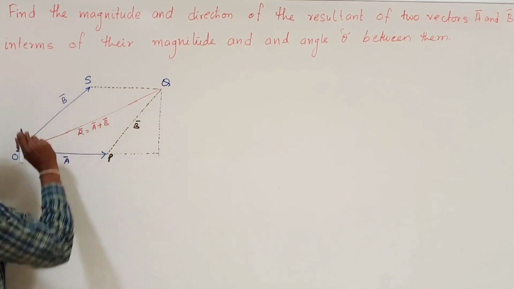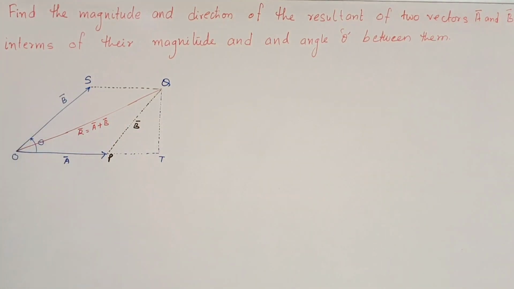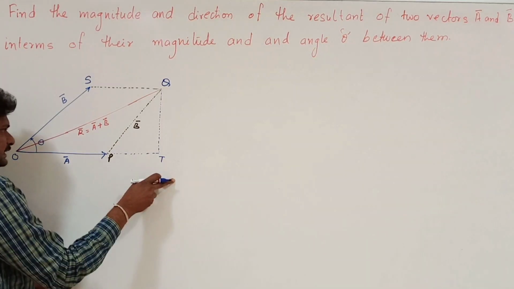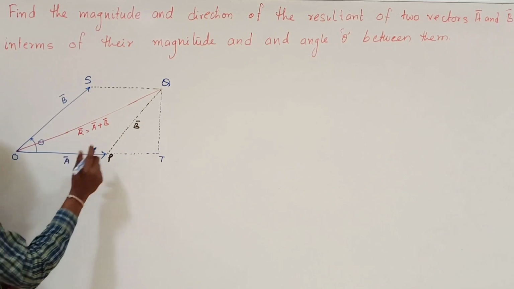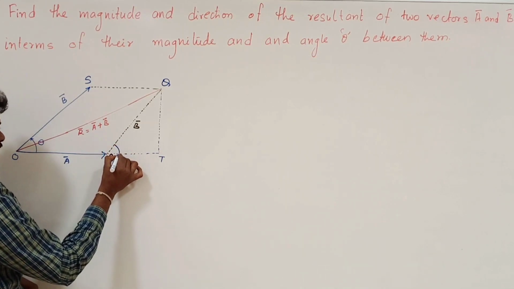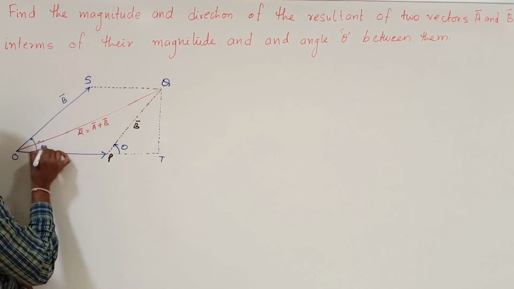O, P, Q, S. This is T, just right now. As this is along the x-axis and this B vector makes an angle theta with the x-axis, I can also write it as theta.